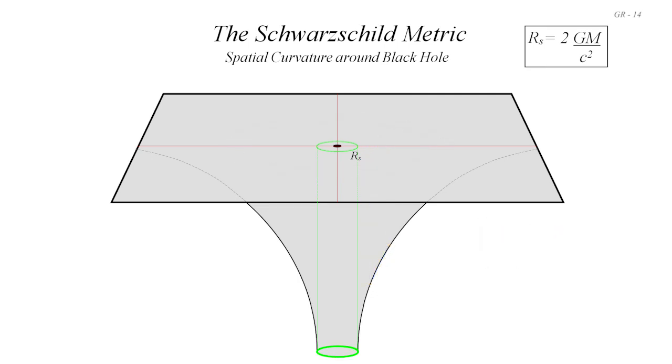Perhaps another way to illustrate this would be to imagine a small rod of proper length ds at different places. This proper length could be measured by someone near to the rod, and it's shown here in blue and at a large distance away from the black hole.